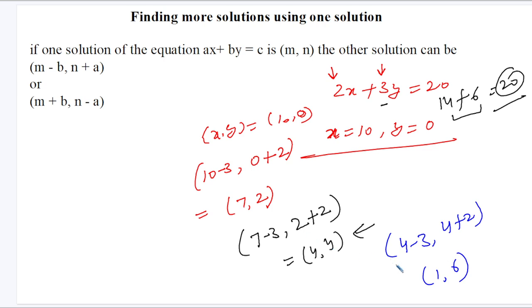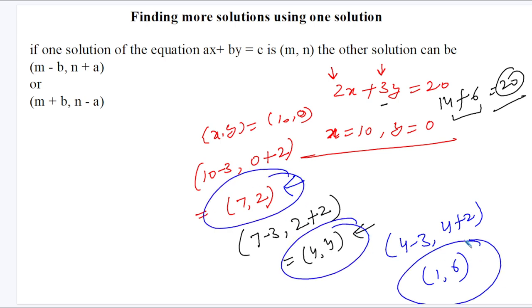Can I go beyond this? If I'm given that x and y are positive integers, I would have to stop here, and I can simply say that this is possible, this is possible, and this is possible. If I'm given positive integers, even this 10 comma 0 won't be possible because 0 is not positive. If I'm given that x and y are non-zero integers, even then this won't be possible, but negative numbers are possible. When the question says non-zero, it means you can have positive or negative solutions but not a solution involving zero.